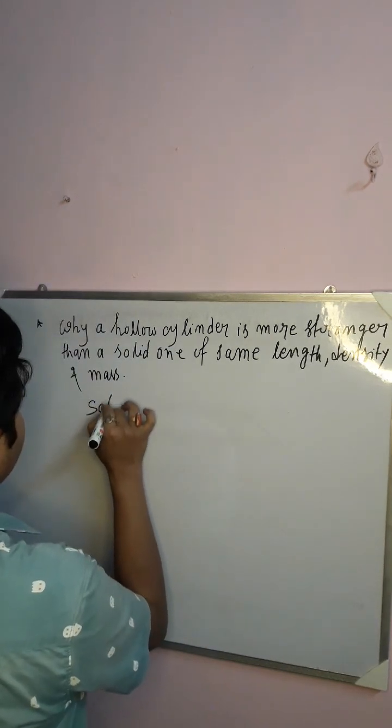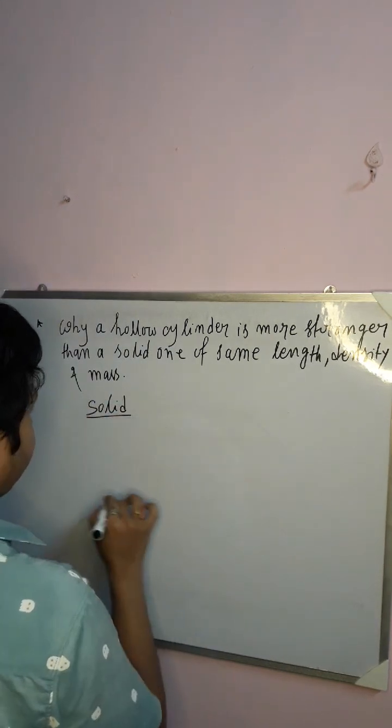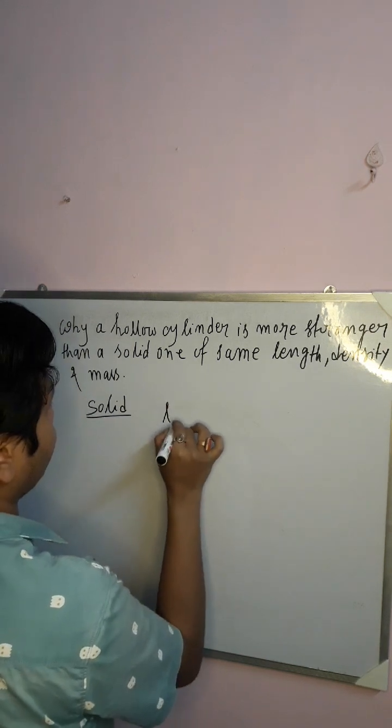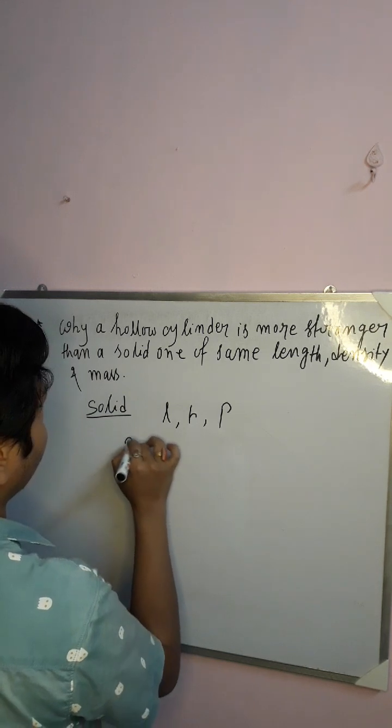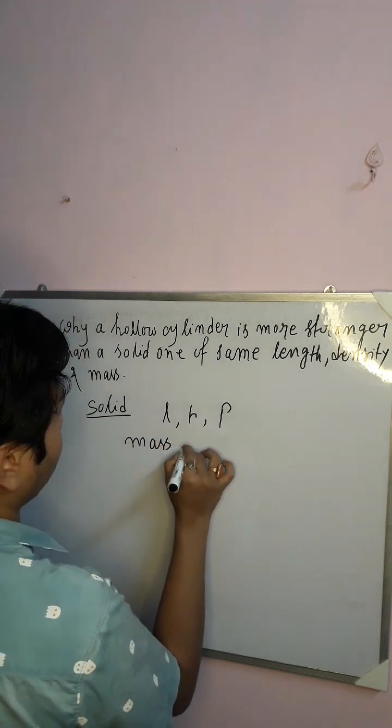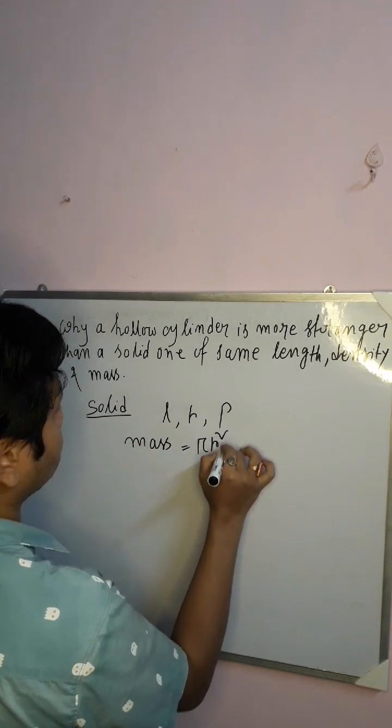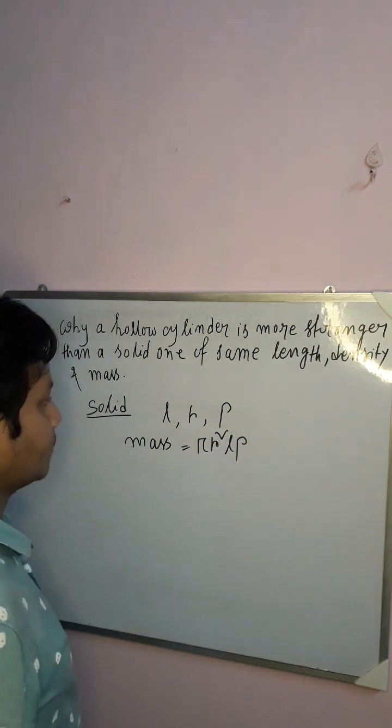Suppose we take the solid cylinder at first. Suppose its length is L, radius is R and density is rho. So what would be the mass? Mass will be pi R square L rho.